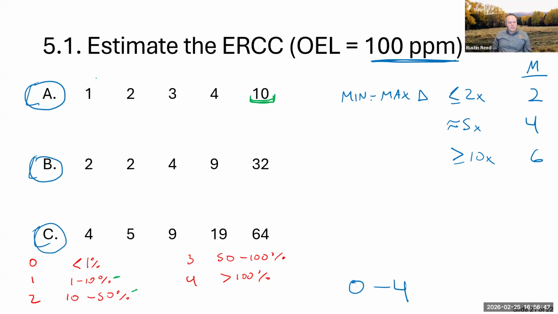We look at the difference between these two numbers and we see that that is 10x. So we're probably going to pick 6 for our multiplier. We find our median, which is 3. We multiply that by 6. 3 times 6 equals 18. So that puts us squarely in category 2.